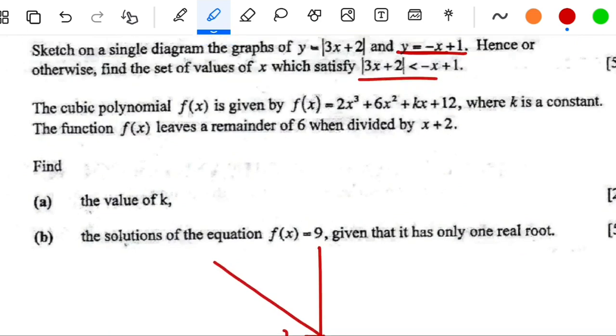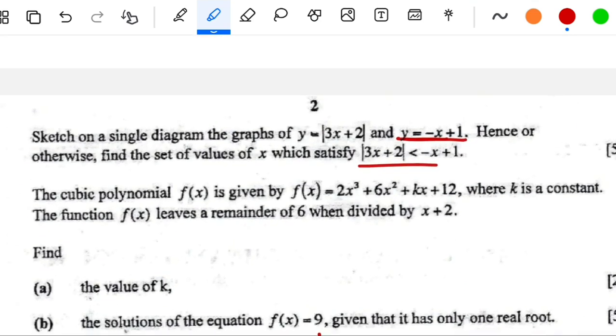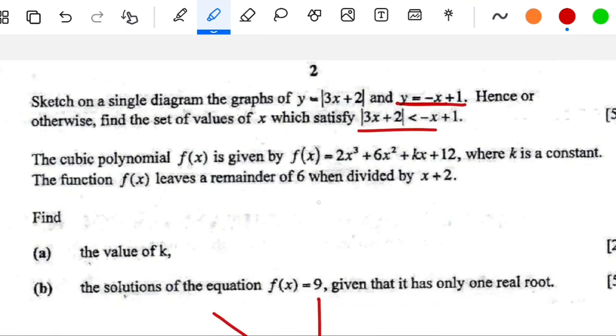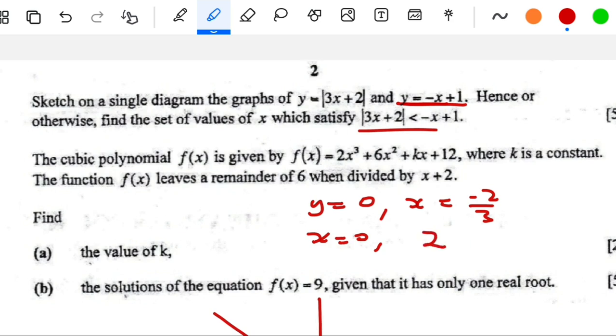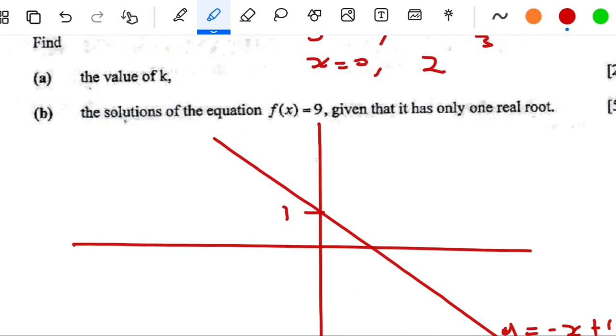Then for 3x plus 2, I can find points. When y equals 0, my x is equal to negative 2 over 3. When x equals 0, my y is equal to 2. So I know that it crosses at 2 there, and it crosses here at negative 2 over 3 also.